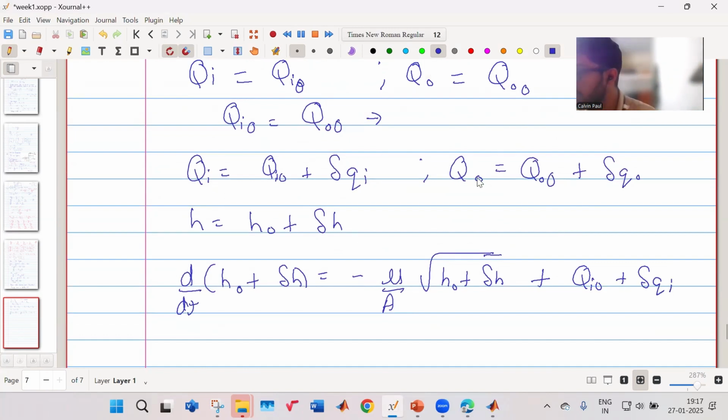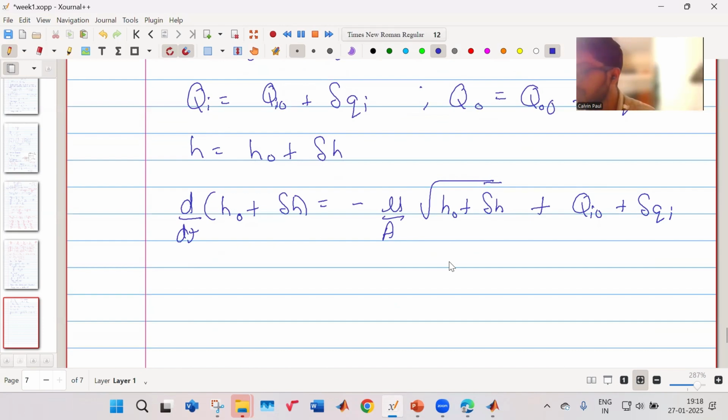So this is your equation. Now what do we do? Now h naught is a constant. Your height had reached some value, so it is constant, right? So the steady state values are constant, so the derivative of that steady state value is 0.